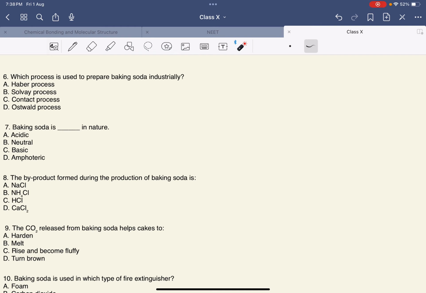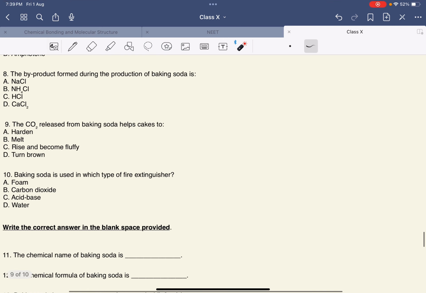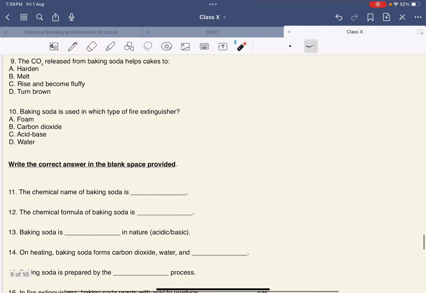Amphoteric means acidic as well as basic character. The product formed during the production of baking soda: sodium chloride, ammonium chloride, hydrochloric acid, calcium chloride, means identify the byproduct. The CO2 released from baking soda helps the cake harden, melt, rise and become fluffy, or turn brown.